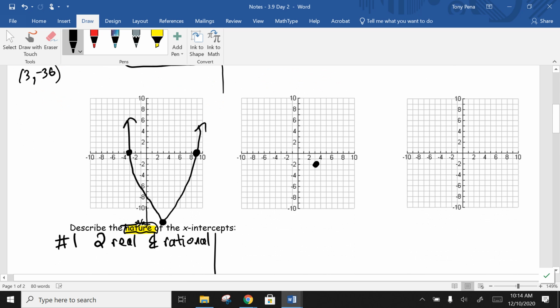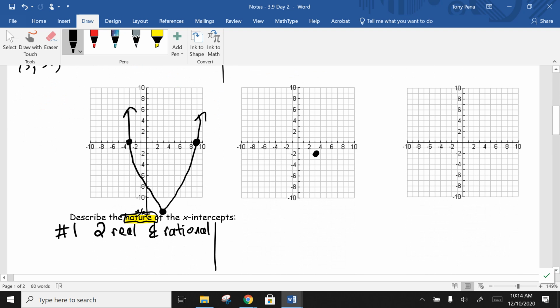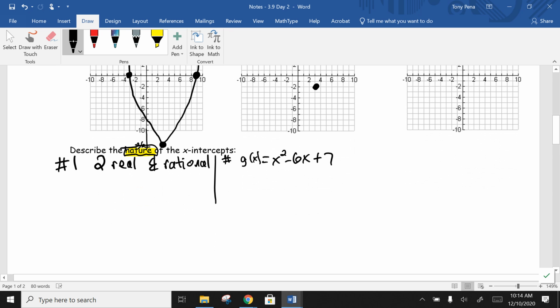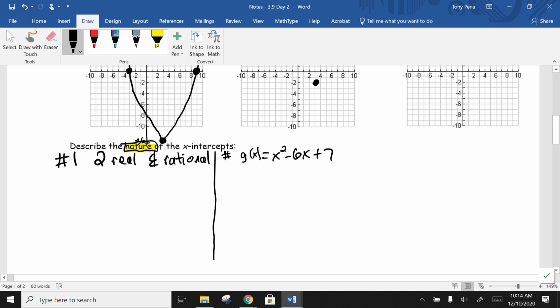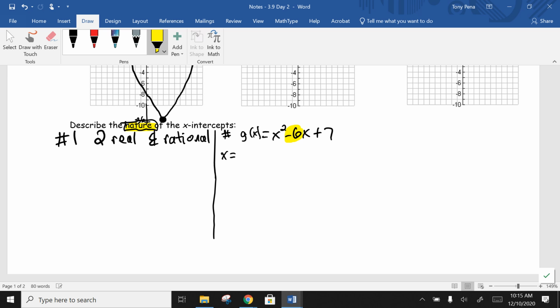I might recommend doing this below. So let's go down here to number 2. Let's do it below. And then this will also give us the nature of our roots. So we have x squared minus 6x plus a 7. So let's do it down here where we have some room to operate. So x would equal the opposite of b. Our b has to be this negative 6.